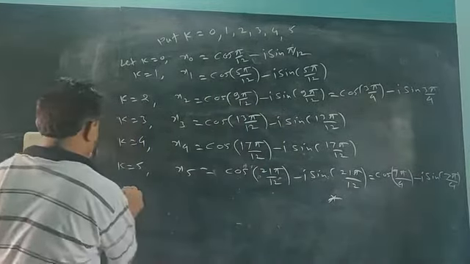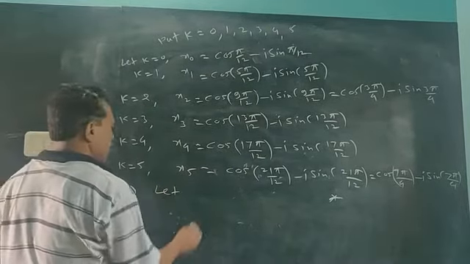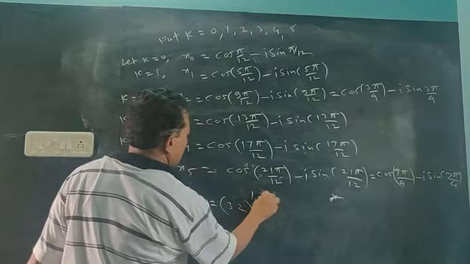Next, the B part. Same technique, please. Let x suppose be 32 raised to power 1 by 5.